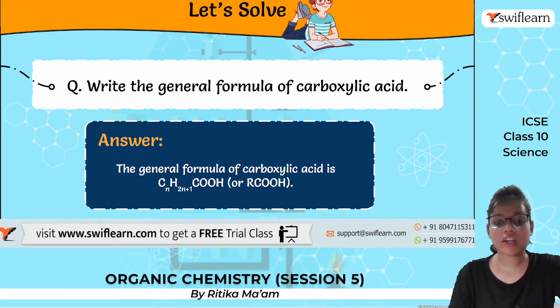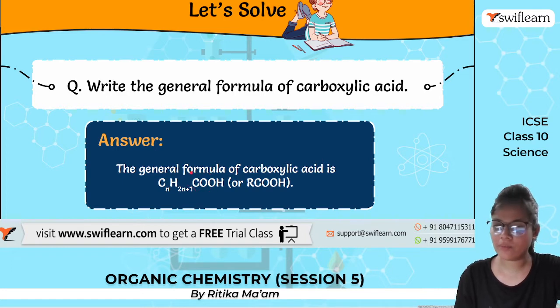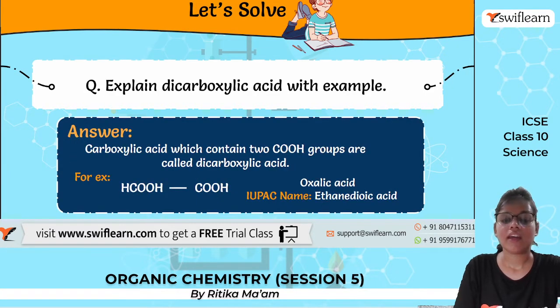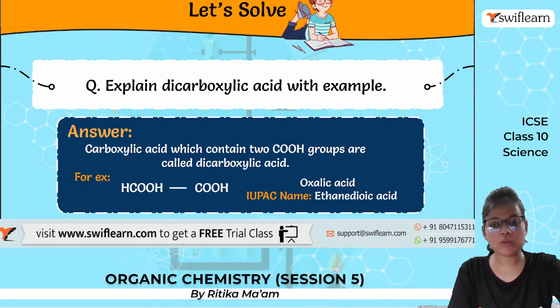So what is the general formula of carboxylic acid? It is CnH2n+1, where one thing that we used in alkane, we are replacing it by COOH. So the general formula is either RCOOH or CnH2n+1 COOH. Explain dicarboxylic acid with example.